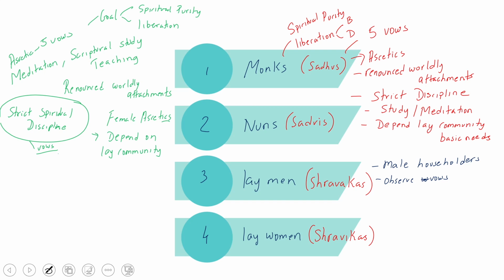Okay, so for example, we see that they were less strict in following the vows than the monks. Obviously, we see that when it came to the 5th vow, chastity applied to them also, but in what form? Fidelity. Okay, so there was no compromise with that. But with the other vows, for example, with regards to truth, we see that depending on the situation, they were not very strict in that observance.